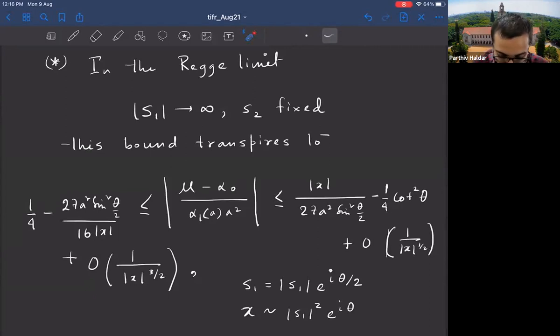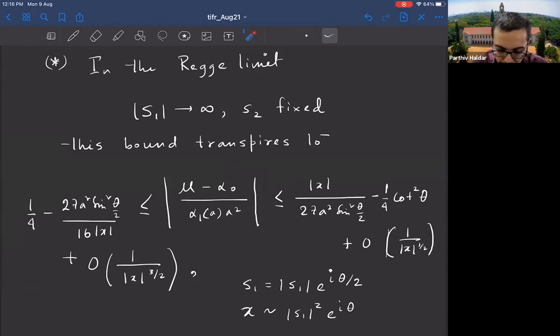But there's one interesting point, that there is a sine square theta by 2 sitting at the denominator, where theta is basically the phase of the S1. So you can see that for S1 real, this becomes a trivial bound, but that is not a problem, because after all, this bound was derived by considering that our function was analytic and injective in the open disk.